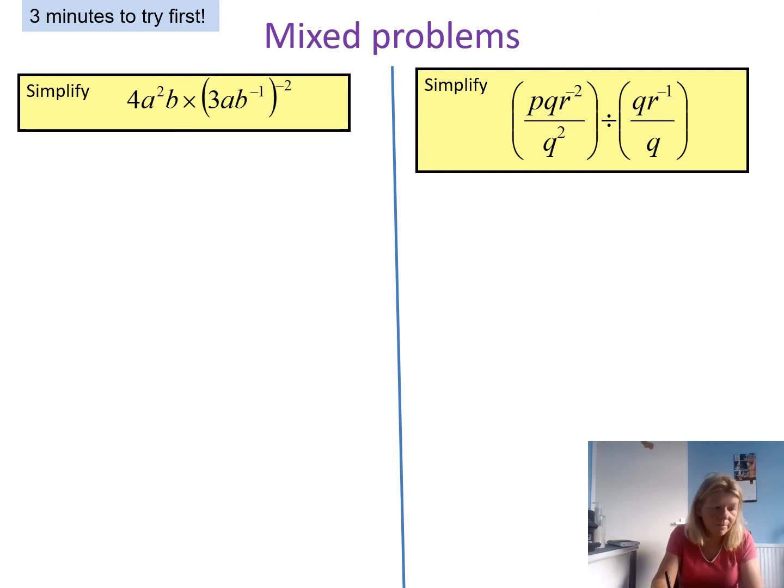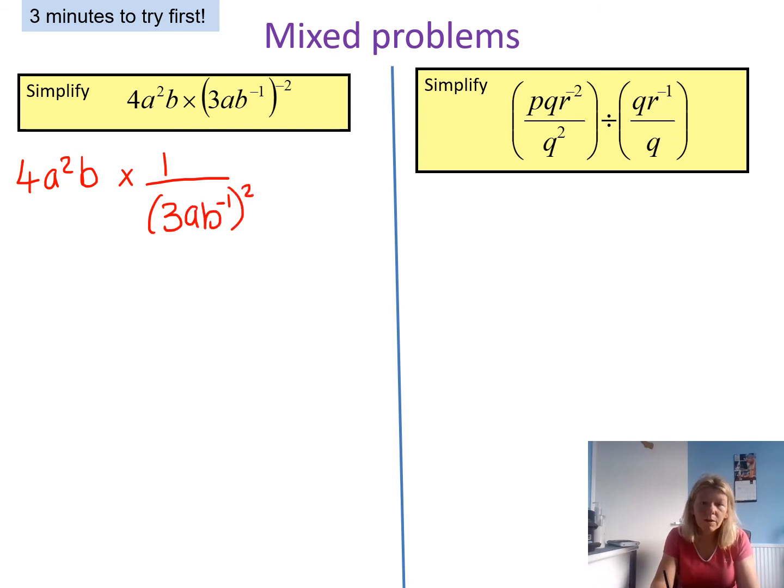So this one, we got that bit, and I'll put it on the top now, times 1. This squared gives you 9a squared b to the minus 2.